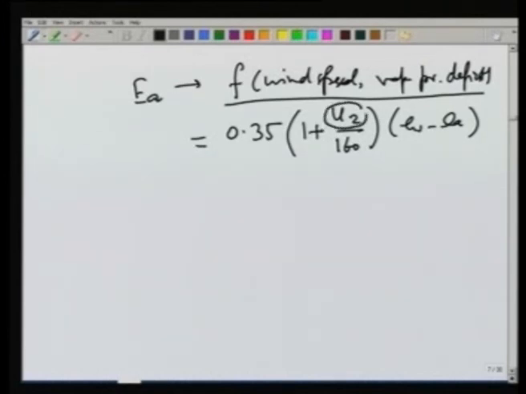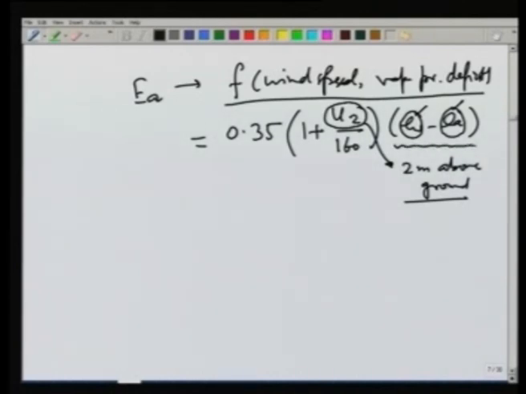This U 2 represents the speed 2 meter above ground. E W and E A we have already discussed. These are the saturation vapor pressure at water temperature, and actual vapor pressure in the air. So, this is the vapor pressure deficit.